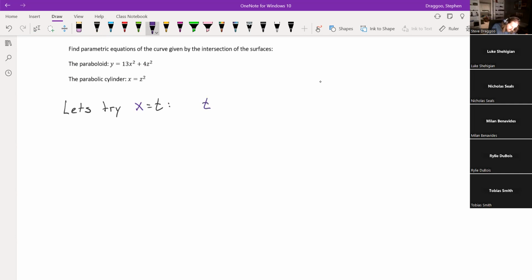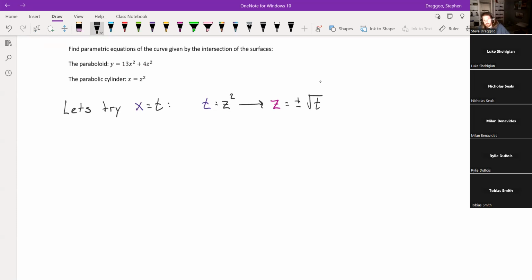That now becomes t equals z squared. So solve that equation for z, which at first glance, maybe you say it doesn't look that bad. It's only one term on each side. But it gives us the equation z equals plus or minus the square root of t.